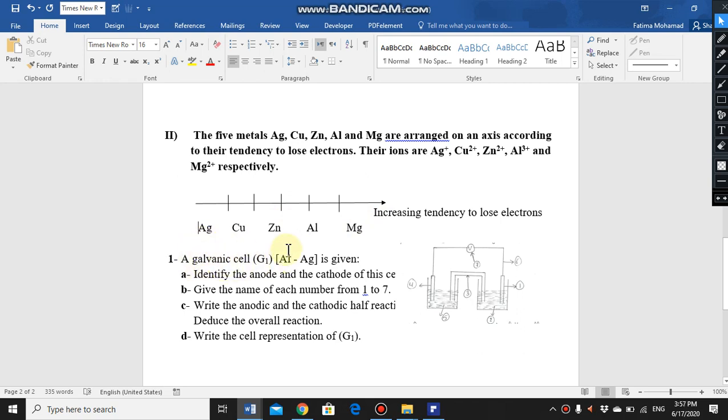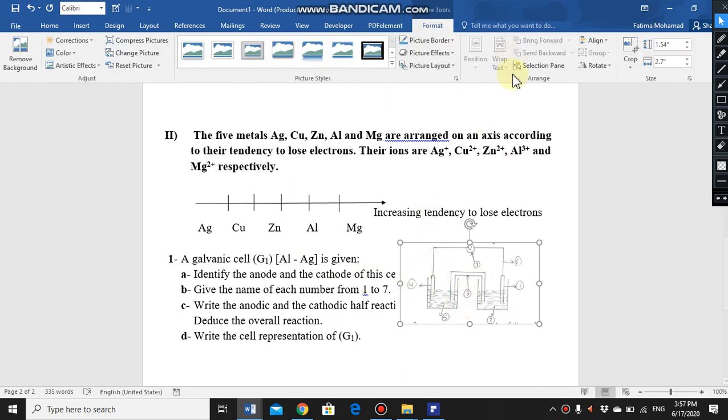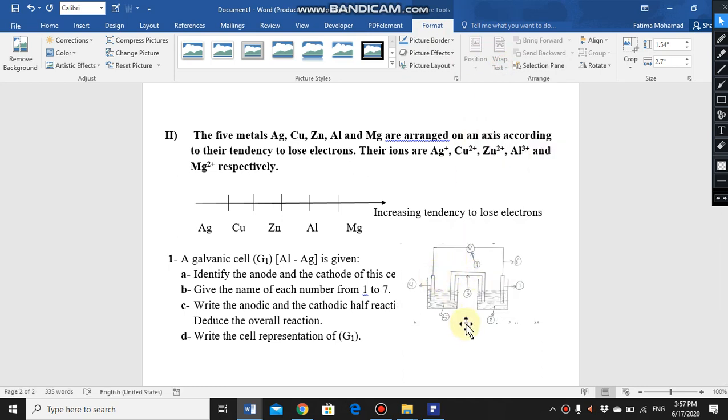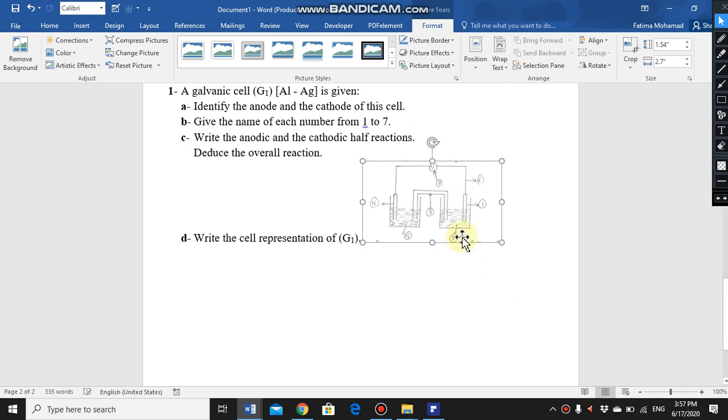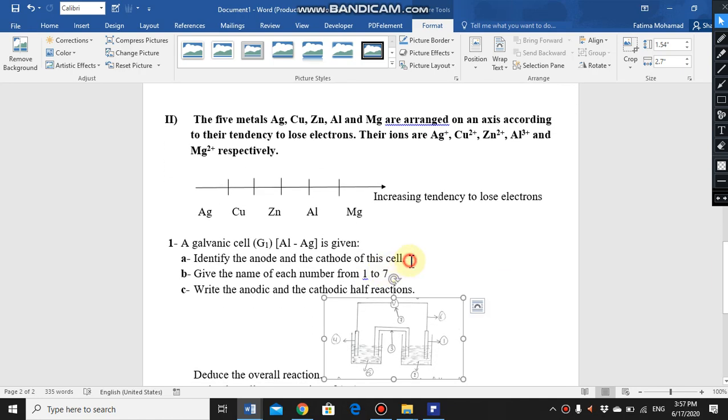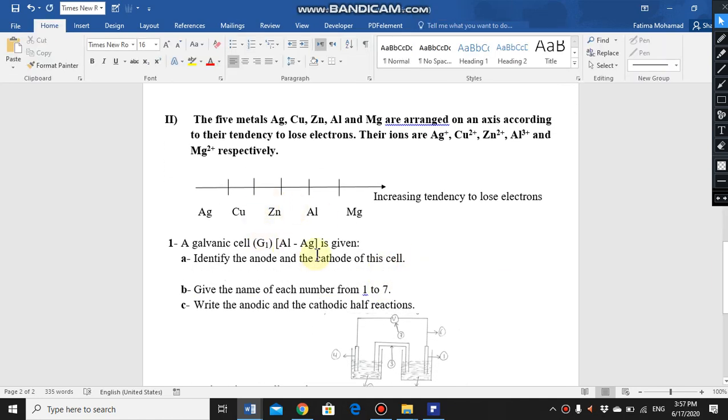Number one here, galvanic cell G1, Al and Ag. Identify the anode and the cathode of this cell. We have Al and Ag.